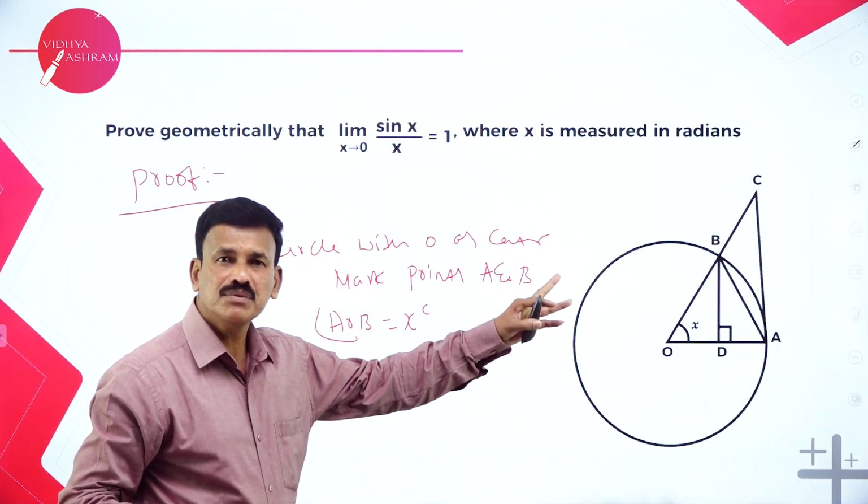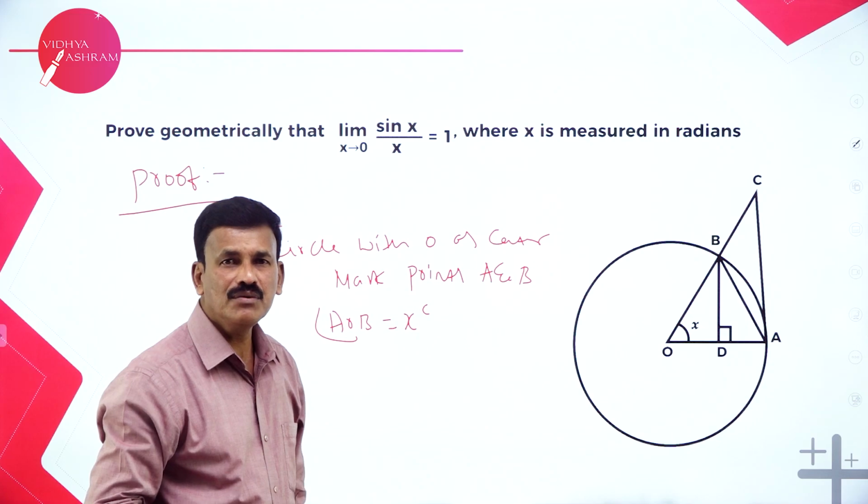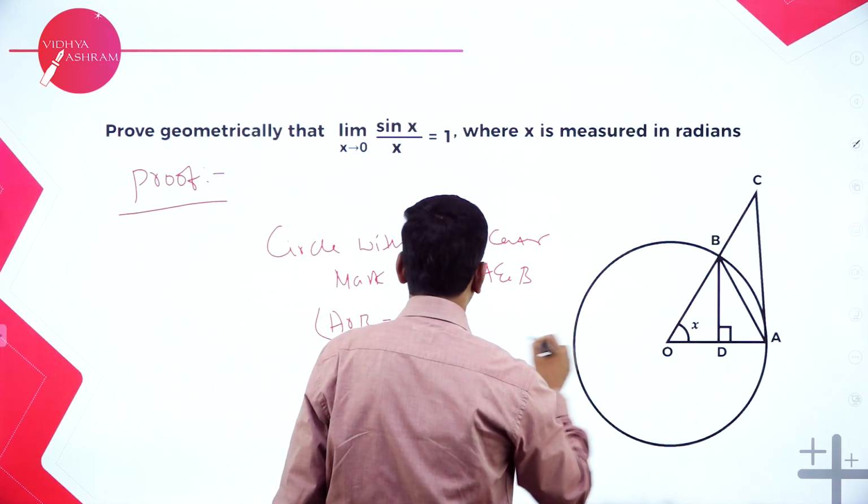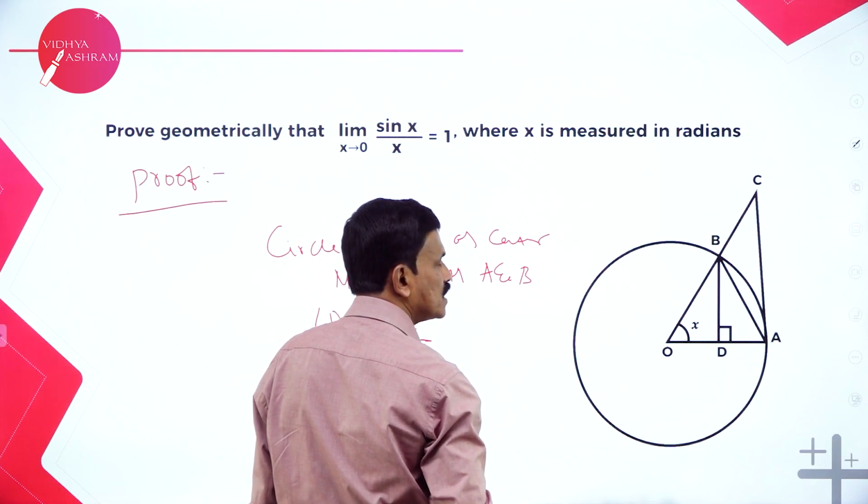Mark the points A and B on the circle such that angle AOB is equal to x radians. Now join OA and OB. So angle AOB is equal to x radians, right?